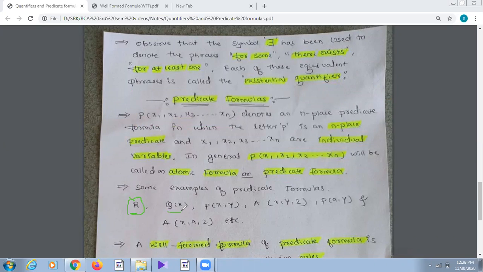Next, Q of x: here there is a single individual name, so that is also a predicate formula. Here there are two individual names, so this is also one predicate formula or atomic formula. Here P of a comma y is one predicate formula. So these are all predicate formulas, and this is the general form of predicate formula.